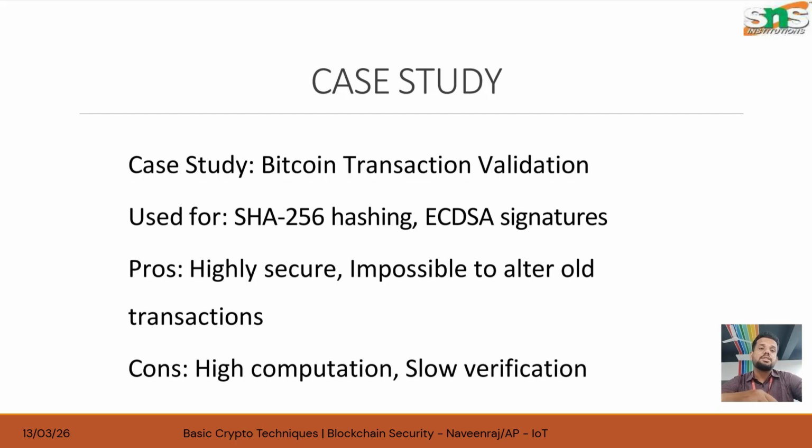We use this structure for efficient verification, and it saves memory. For example, if 1000 transactions happen, only the root hash needs to be verified. You need not verify all the 1000 nodes one by one, which makes it a very efficient verification process. That's why we use the Merkle tree for our verification.